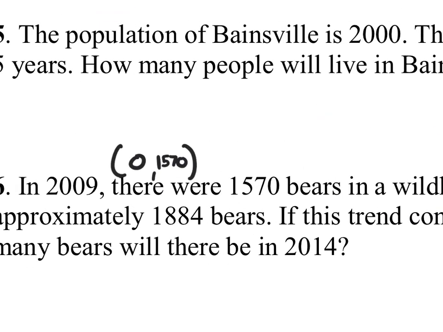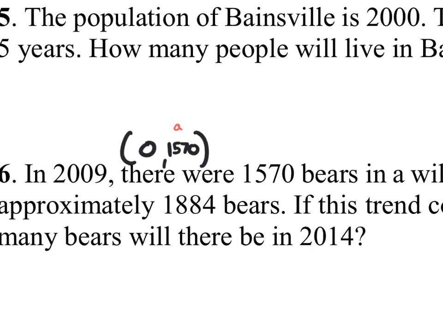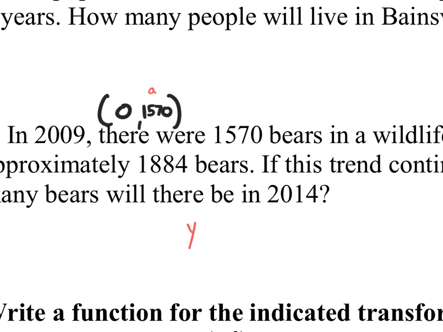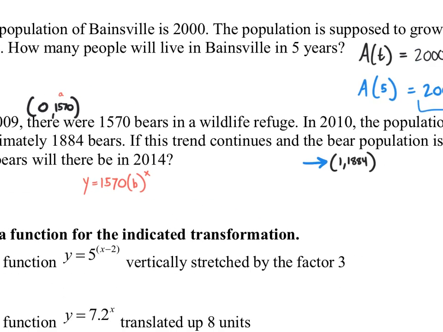Okay, so we're going to use this to help us out. Now, whenever we're talking about year 0, this represents our A value. So right now, our equation is 1,570. We don't know what our B value is yet. What we're now going to do is use this second point to help us figure it out.